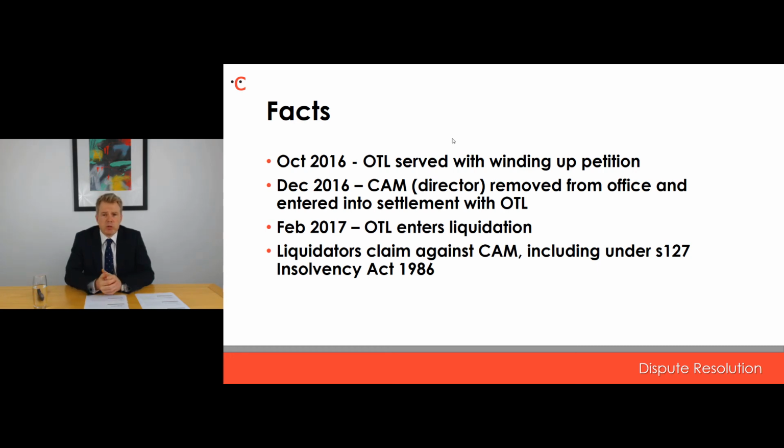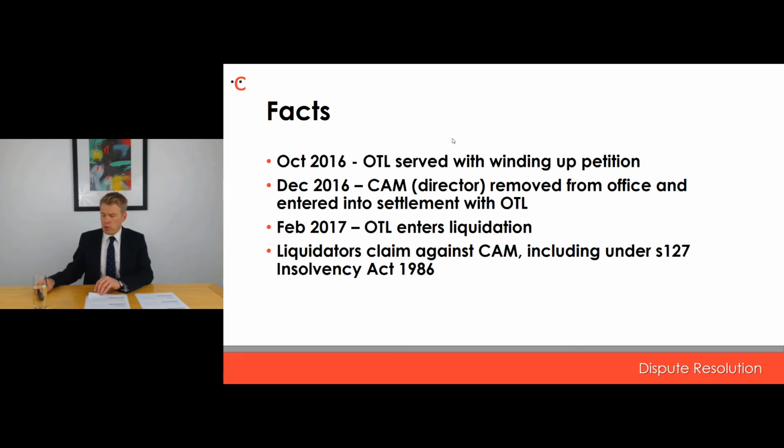What Section 127 provides is that if there's any transaction entered into after the commencement of the winding up, and for this purpose it means when the winding up petition was presented, so on the facts October 2016, any transaction entered into by the company after that is void unless the court orders otherwise.